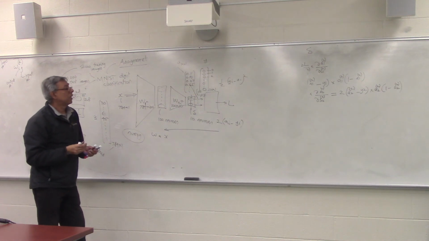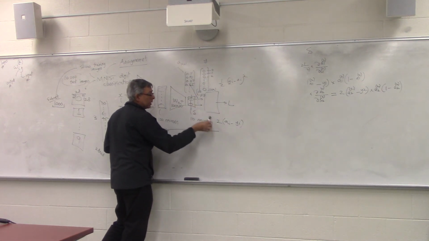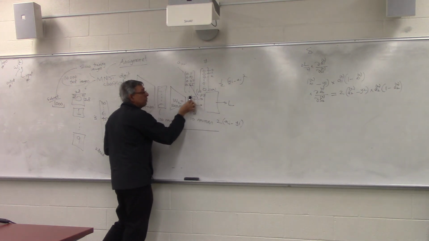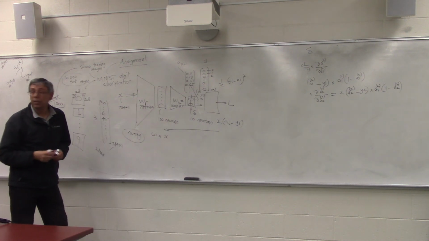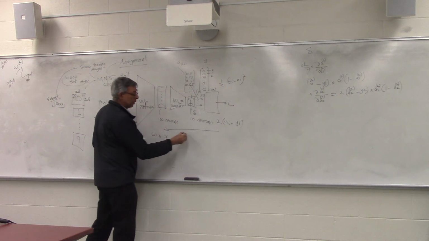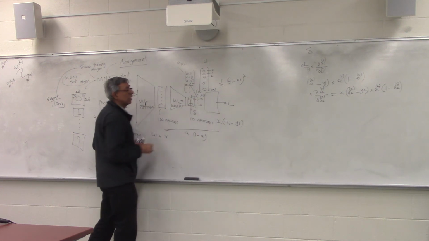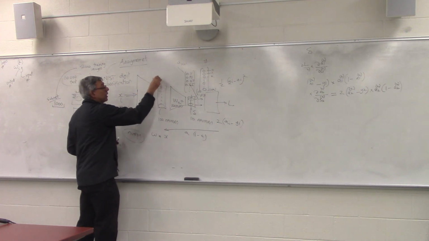As you compute partial L over partial A, next is partial A over partial S, which again will be very easy. That will be A times 1 minus A, whatever this A was.